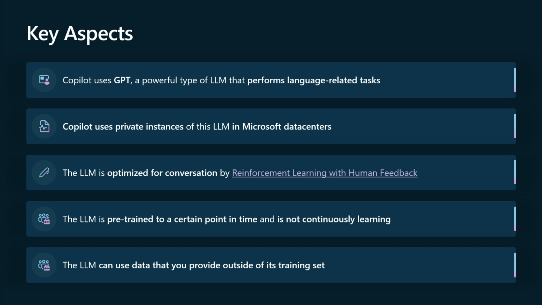A couple other key things: the LLM is pre-trained up to a certain point. It may have data that is not newer than, say, the year 2021 or the year 2023. And up until that, it doesn't know anything else. But beyond that data set that it uses, you can provide it with additional information. That's simply called grounding. Grounding is where you say, hey, search the web for information not in your data set.